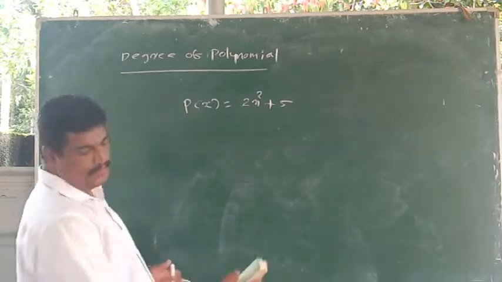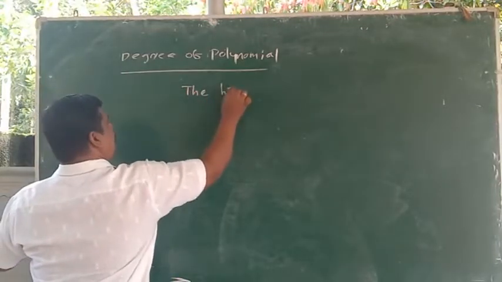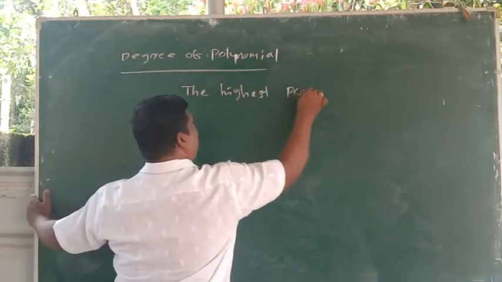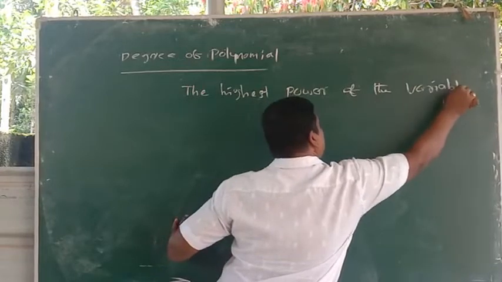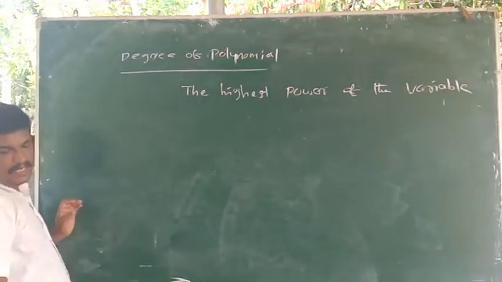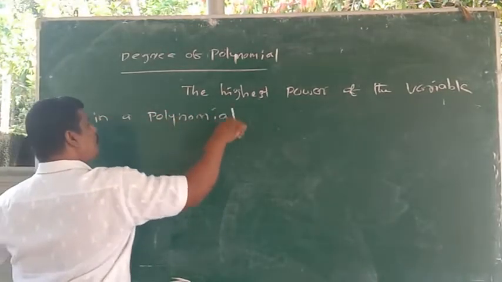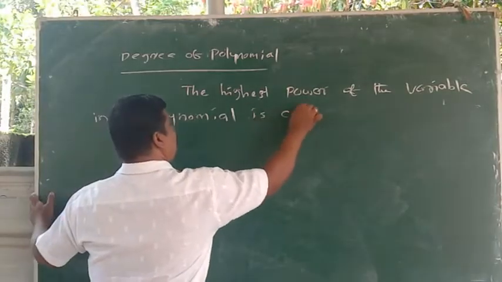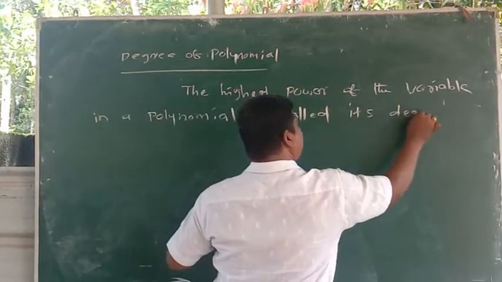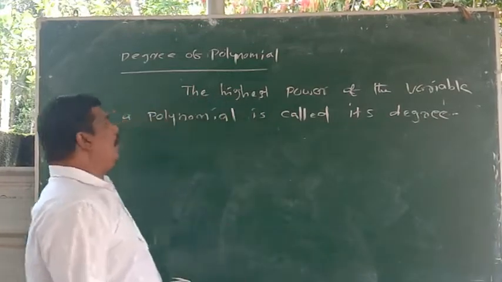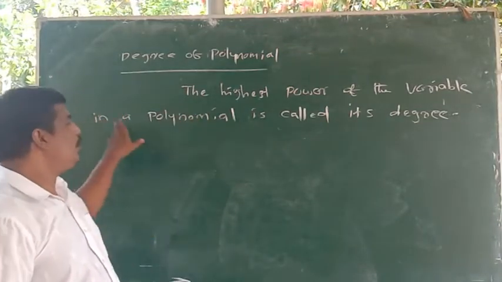Okay, that is the highest power of the variable in a polynomial is called its degree.